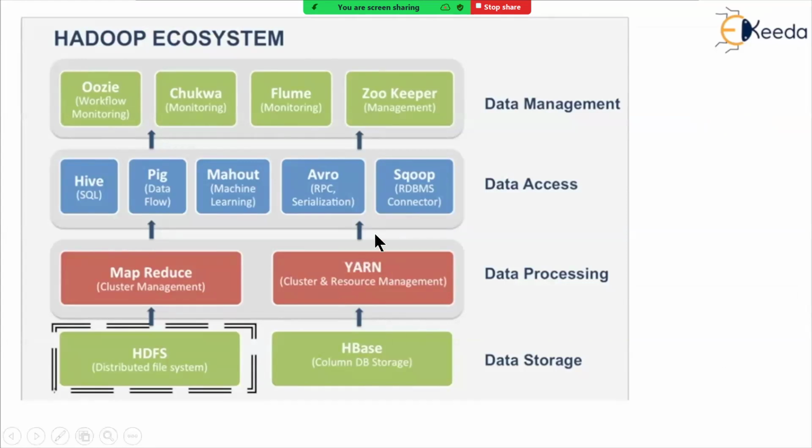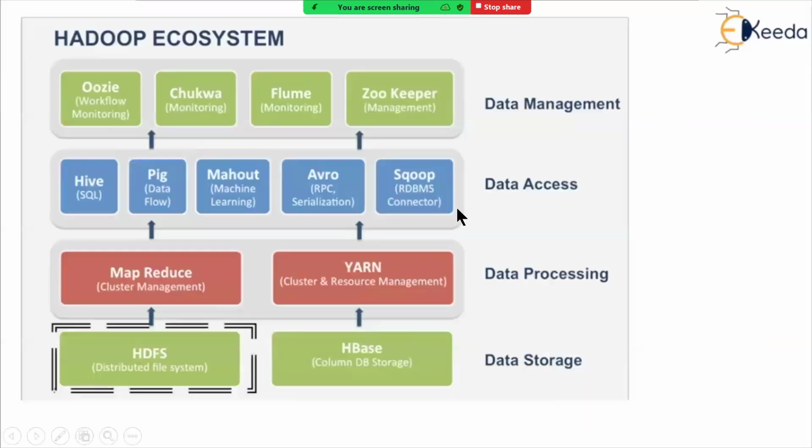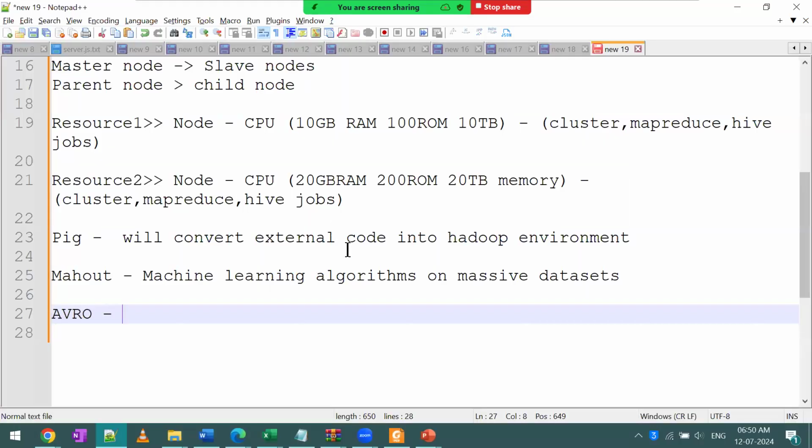What is exactly Avro? Avro is kind of a data set actually. It will store the data in one format. I'll show you what format it is. It's kind of a serialization system where you will store the data just like in JSON format.